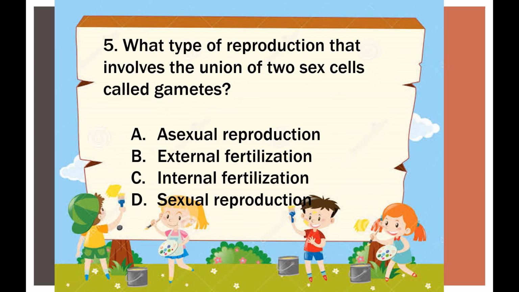Number 5. What type of reproduction that involves the union of two sex cells called gametes? Letter A. Asexual reproduction. B. External fertilization. C. Internal fertilization. D. Sexual reproduction.